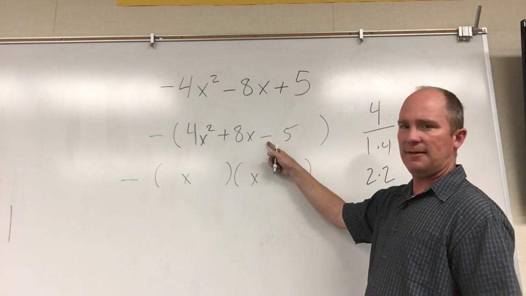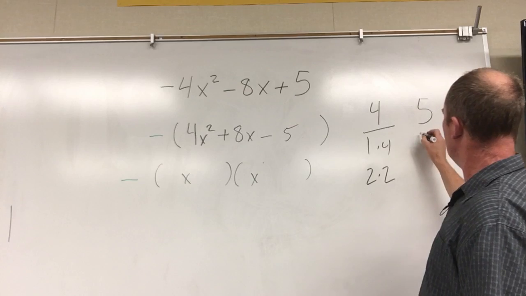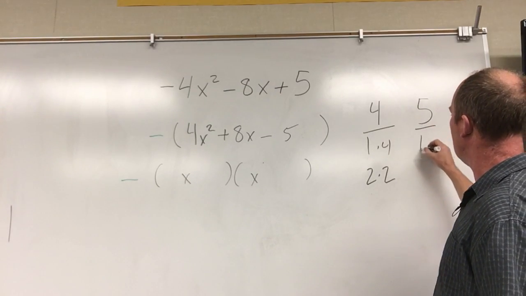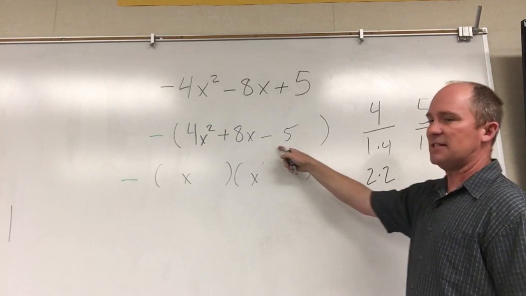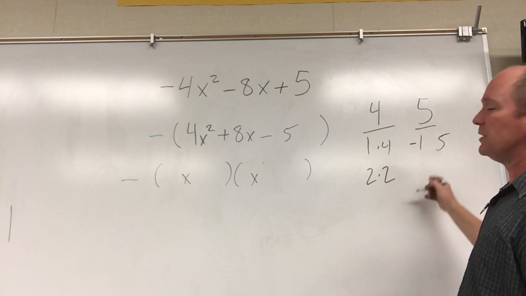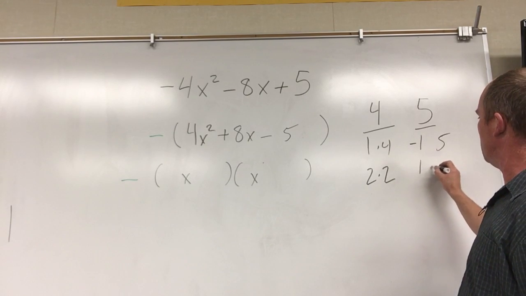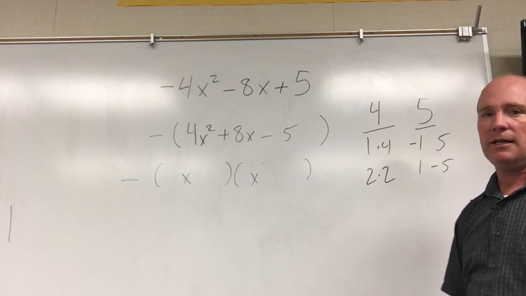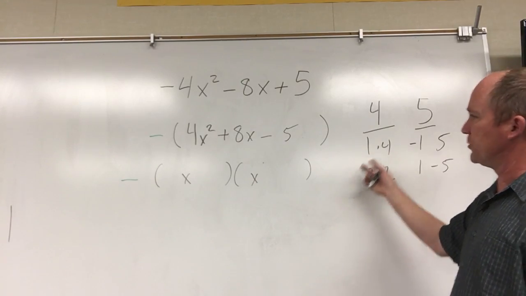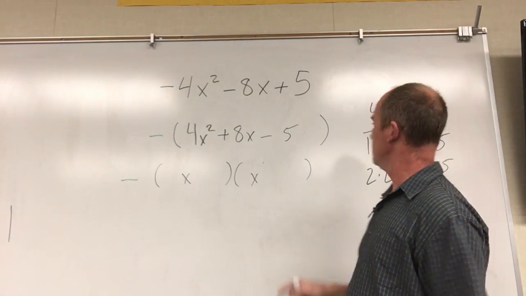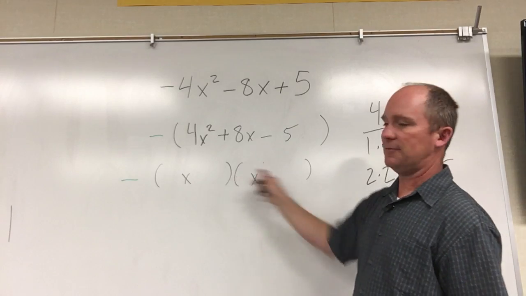For the 5, if I was going to do this here, it's going to be 1 and 5, but since it's negative, it can either be negative 1 and positive 5, or it could be positive 1 and negative 5. And now I have to go through and look at all these options. What if I put 1 and 4 here, and I put negative 1 and negative 5?